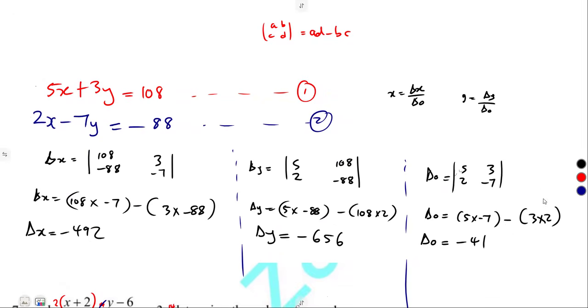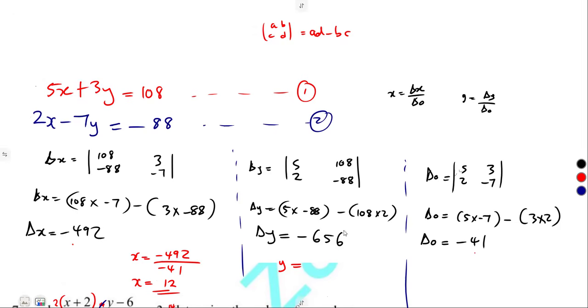So with this information, we can have the value of x from this formula. So x is simply going to be delta x, negative 492, over delta naught, negative 41. So that's the value of x, which is 12.